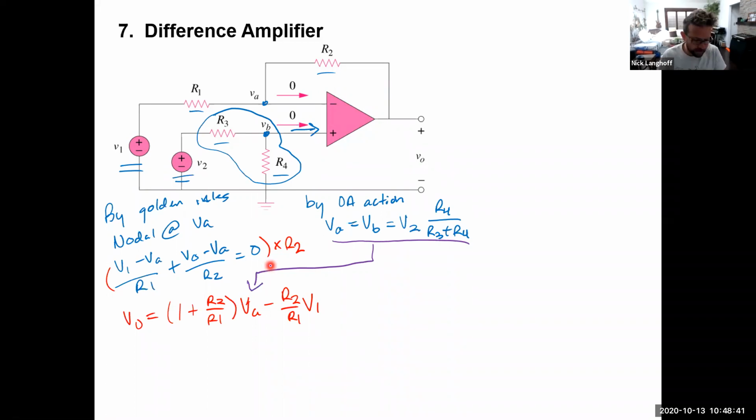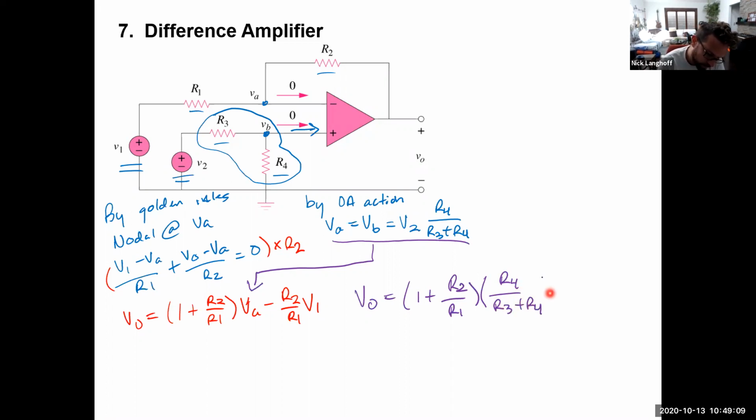And if we then plug that in for VA, we arrive at the general expression, the general case for a difference amplifier. Here it is. Vout is equal to 1 plus R2 over R1 times, here's us plugging in for VA, R4 over R3 plus R4 times V2.